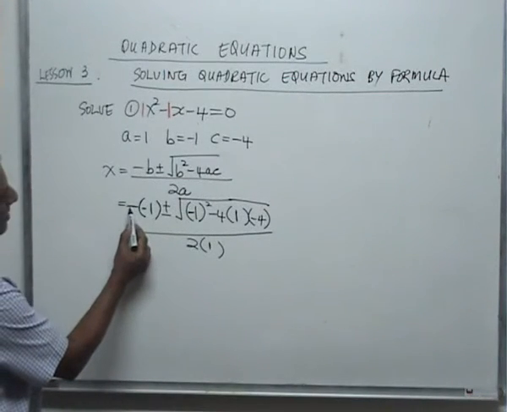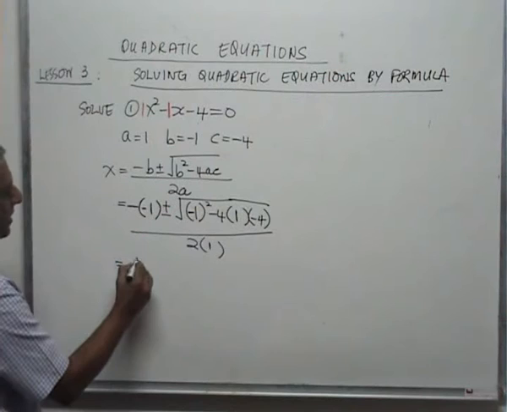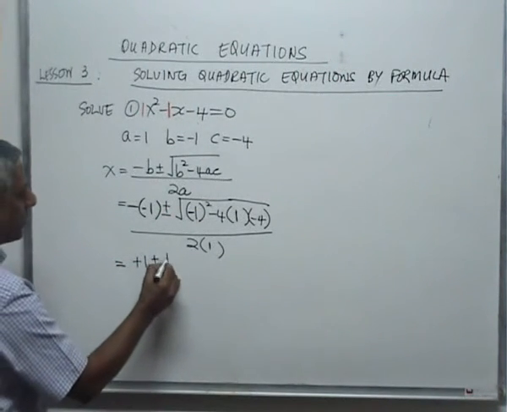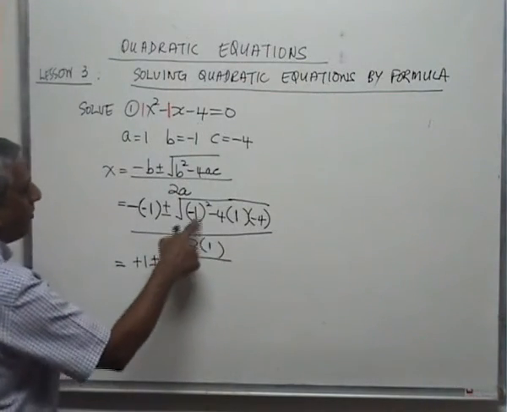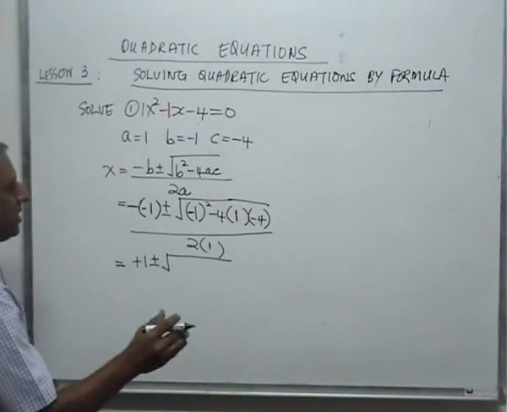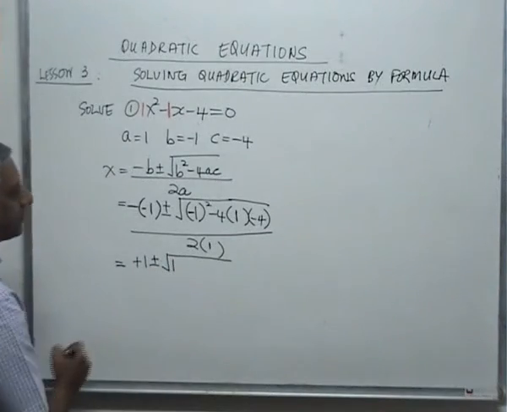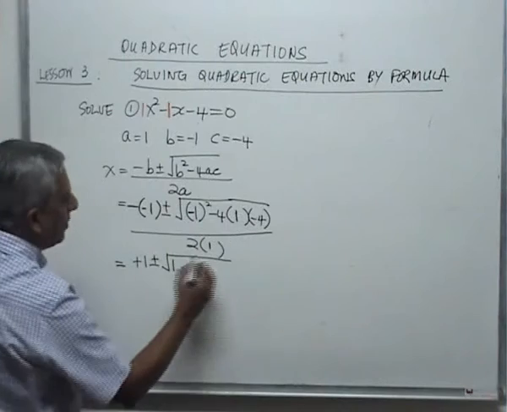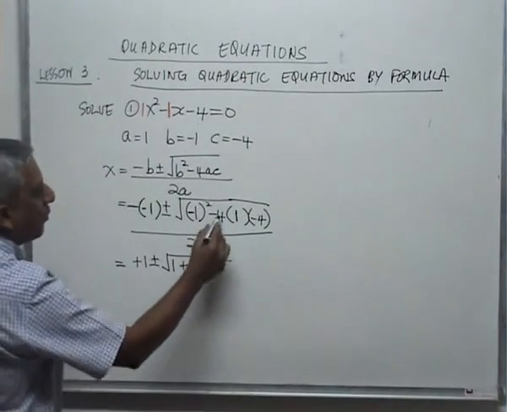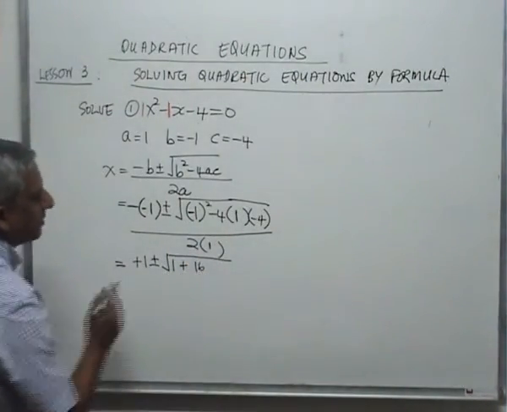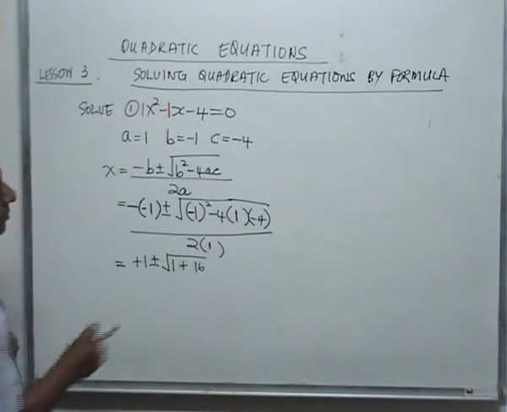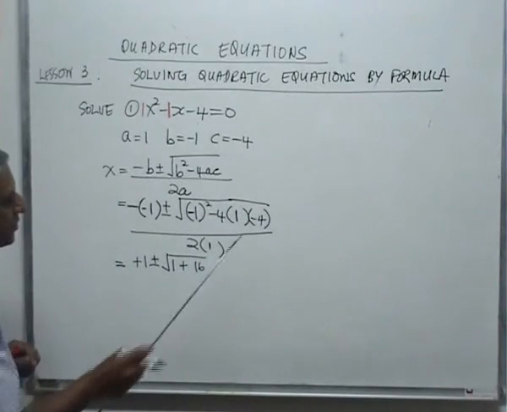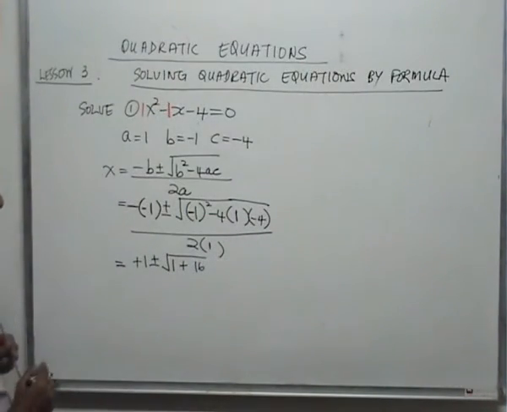So do your substitution very carefully, step by step. Now watch, minus 1 times minus 1 is plus 1. Plus minus the square root of minus 1 squared, which means minus 1 times minus 1, which is 1. Minus 4 times 1 times minus 4, you can put this in your calculator straight through and you will get 16.